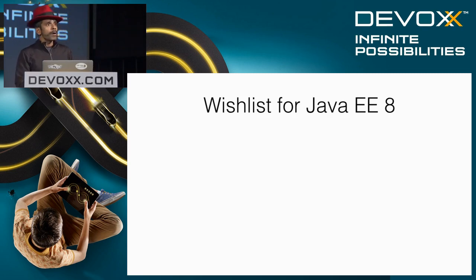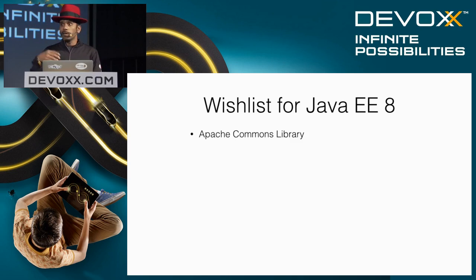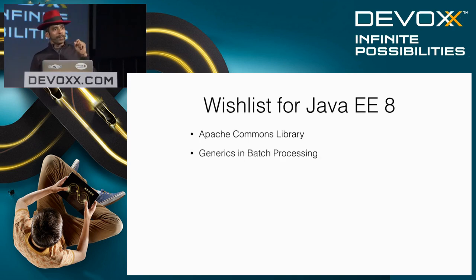So the wishlist that came out of it for Java EE 8: the Apache Commons library, either in Java EE or Java SE. Our goal should be to simplify the job of a developer. Where it goes, let the JCP decide that, but I want a standard API to use. This is my pet peeve. When you do batch processing, I want generics to be there.